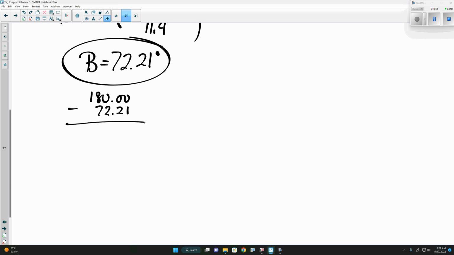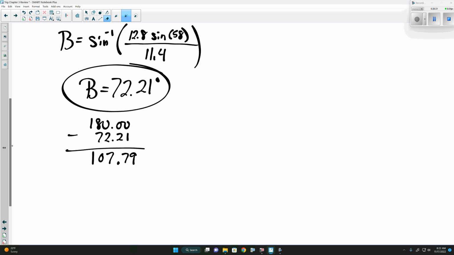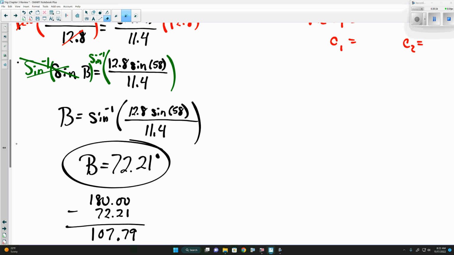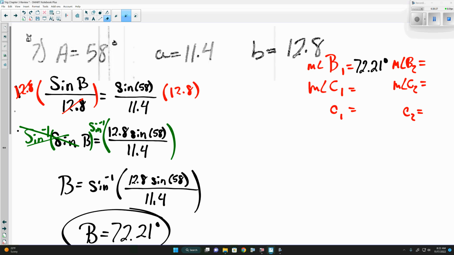This is really going back to our reference angles, in that sine is positive in both the first and second quadrant, which is 0 to 180, so we get the other angle from there. And you guys get 107.79. So the other angle B is 107.79 degrees. Any questions on this so far?